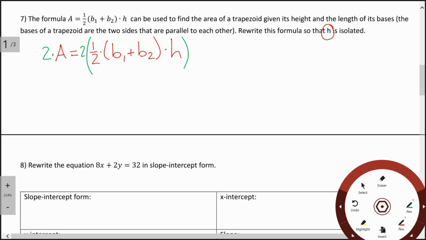So let's rewrite this, the next step, and I'll go back to this handy red pen. So now what I have is 2a, and that equals parentheses base 1 plus base 2, times the height. Now, again, it's really difficult to see what's going on here, but it's a chunk, right? It's a hunk of math that's encapsulated inside of these parentheses.